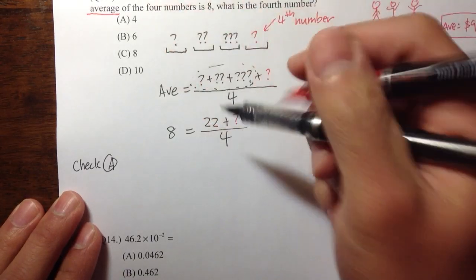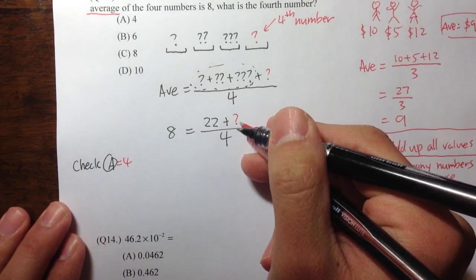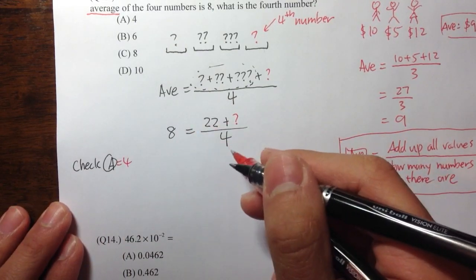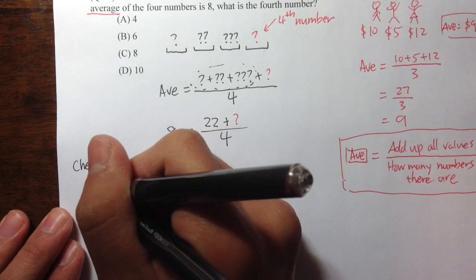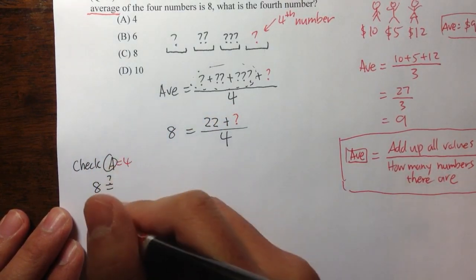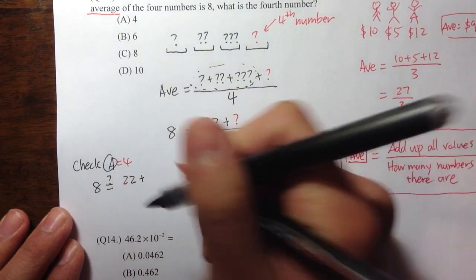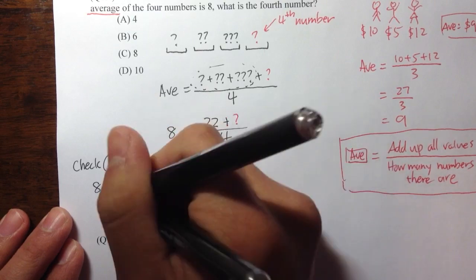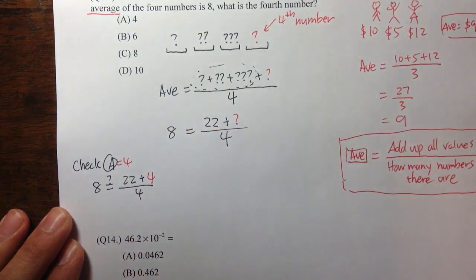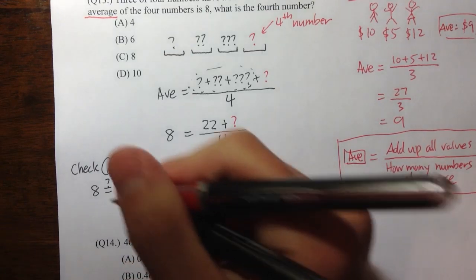So is 8 equal to 22 plus 4, over 4? 22 plus this red 4 is 26.